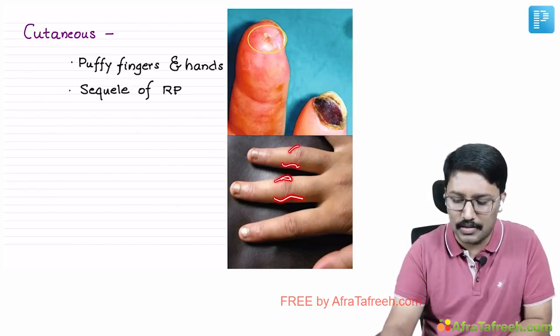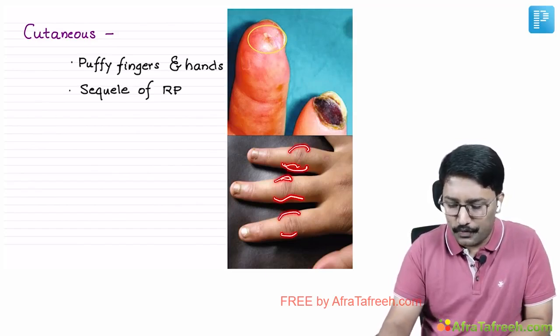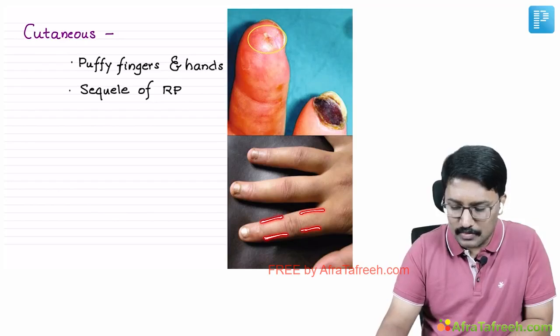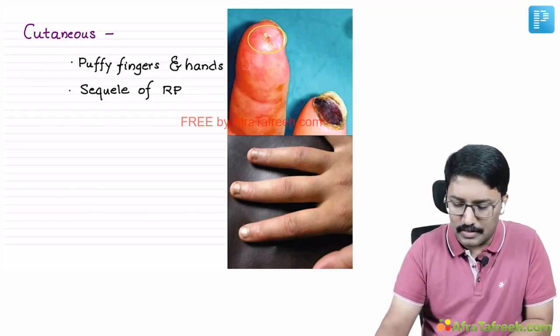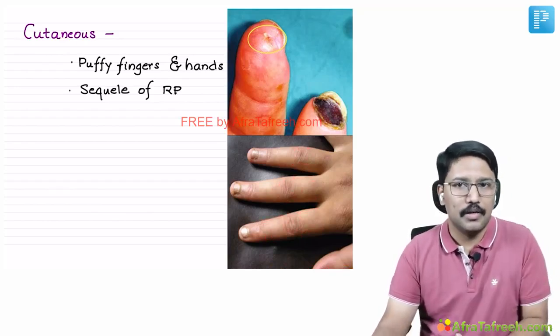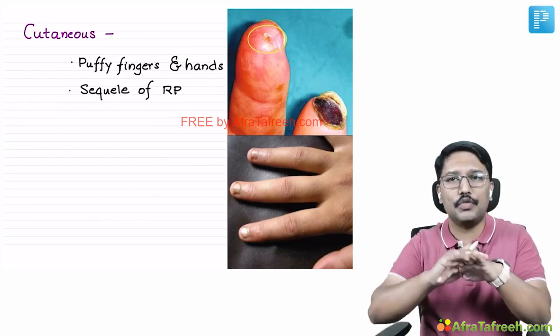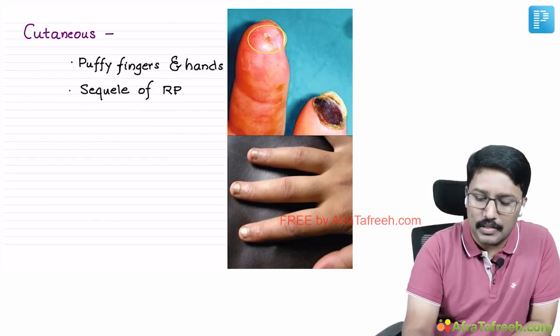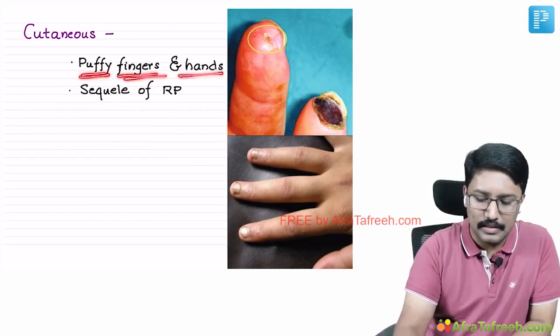The affected joints might show fusiform swelling with the phalanges being normal. Only the proximal interphalangeal joints and the metacarpophalangeal joints might show fusiform swelling in a patient with rheumatoid arthritis. Here there is diffuse edema of the hands and fingers. That is what is often described as puffy fingers and hands.